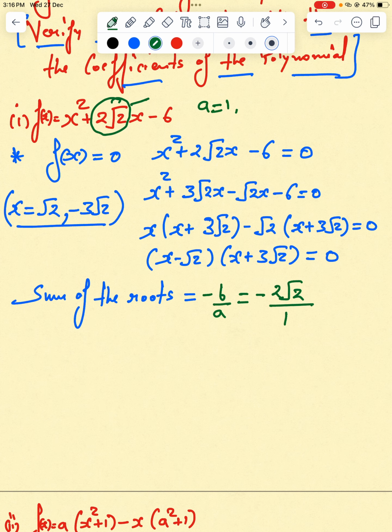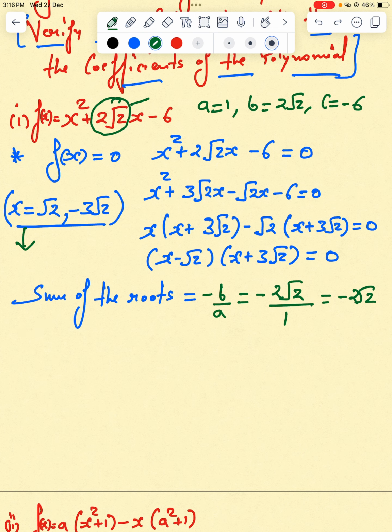You can write it separately so that there should be no confusion. Minus b is minus 2 root 2. So from this, you are getting minus 2 root 2. Let's verify our result.